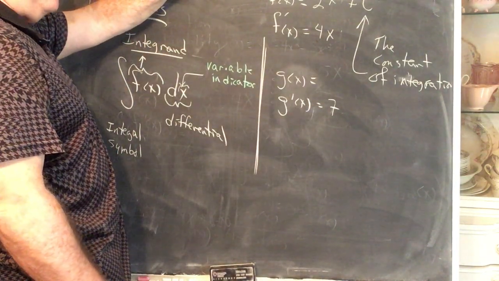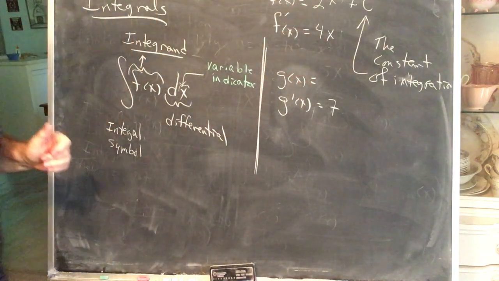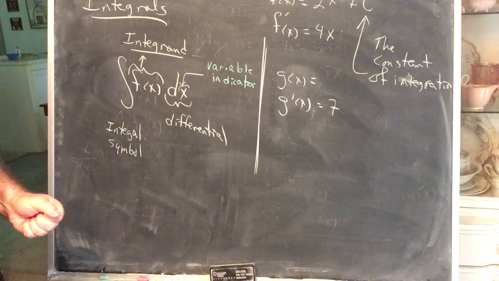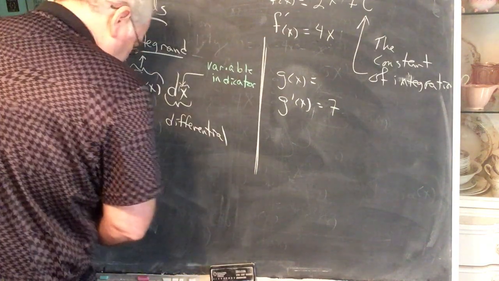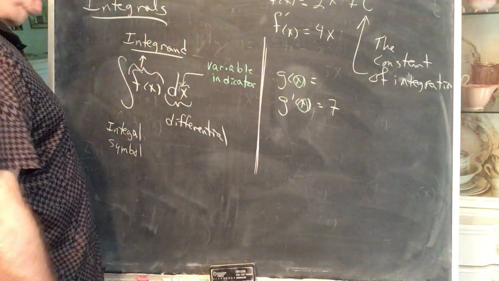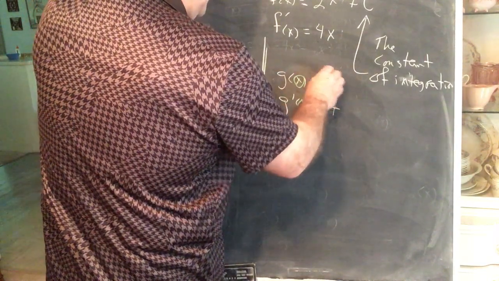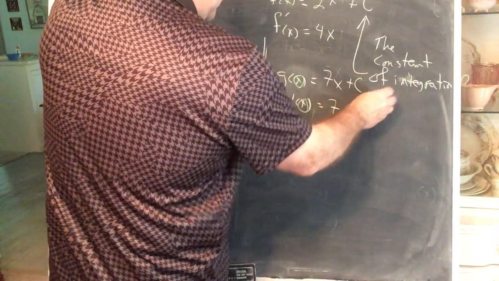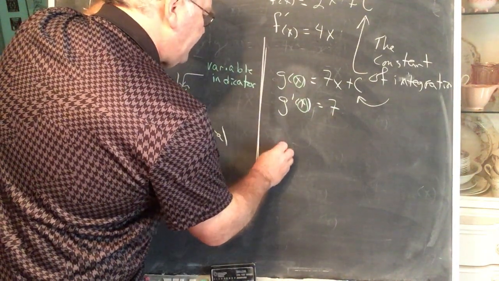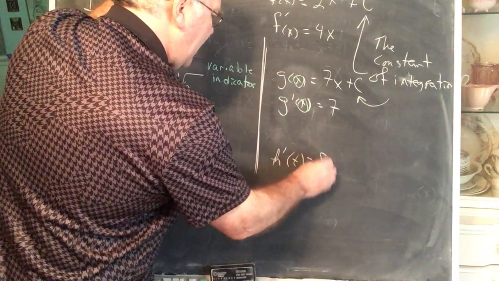What function would that have come from in this differentiation process? Well, our rule was for a constant function, you reattach the variable. The question is, which variable? That's one of the purposes of that symbol. It tells you which variable to reattach. The antiderivative of 7, in this case, is 7x plus our little constant. All right? But watch. Suppose I have h prime of t is equal to 8.